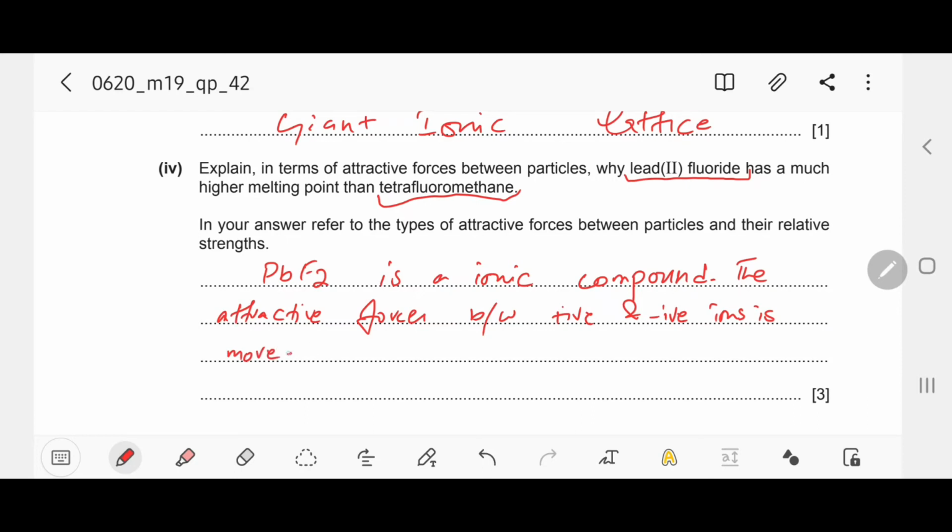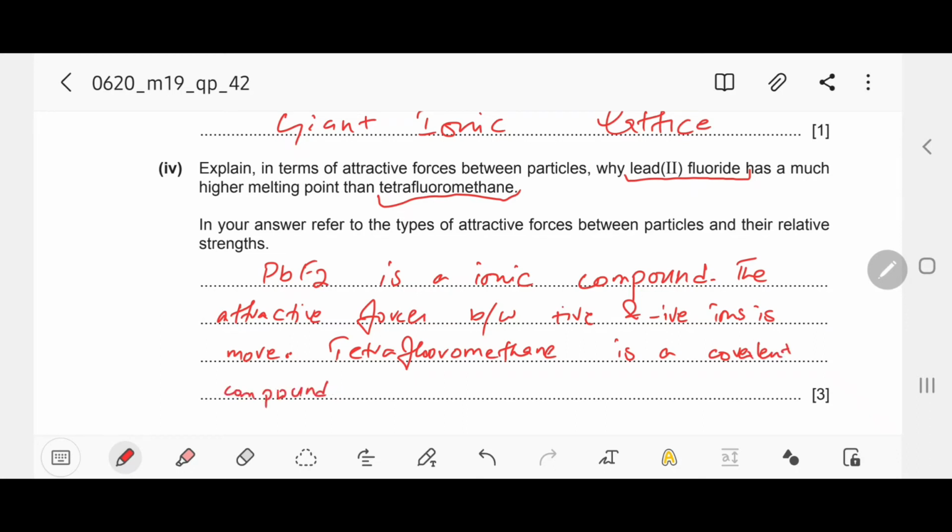Okay. Secondly, we have to state about the tetrafluoromethane. Tetrafluoromethane is a covalent compound.